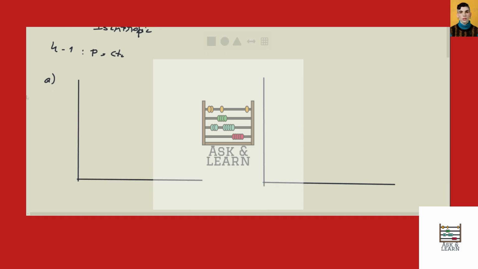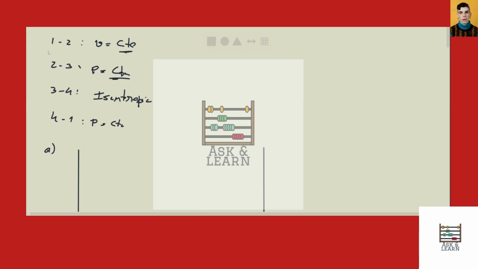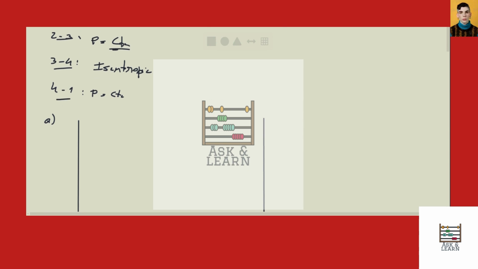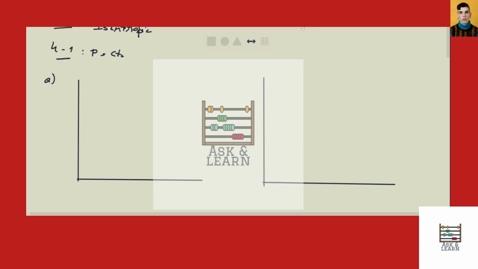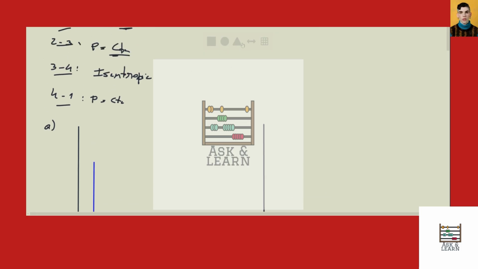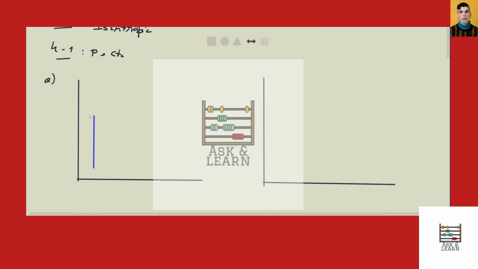Okay, so according to the problem, we just need to describe these four types of transformations. The transformation 1, 2, constant volume, is going to be a vertical line. So we have here our vertical line. The process 2, 3, also a line, but a horizontal line because it's constant pressure.